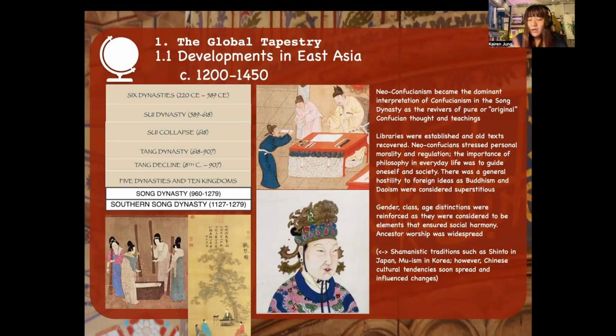A point to note is that Japan, Korea, and China are very, very different at this time period, and they will remain so for the rest of human history, although Korea will sometimes vacillate back and forth, getting closer and then further away as history progresses. But in Japan, you had Shinto shamanistic traditions. In Korea, you had Muism, shamanistic tradition.